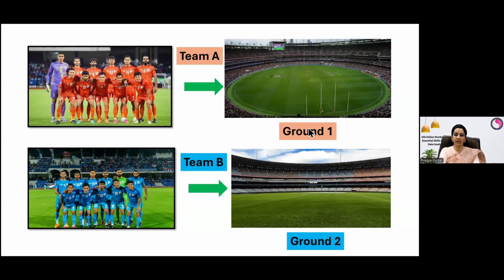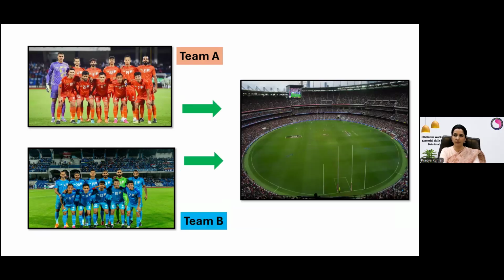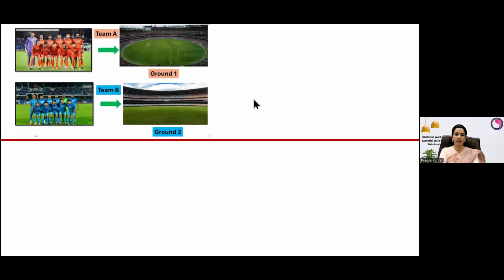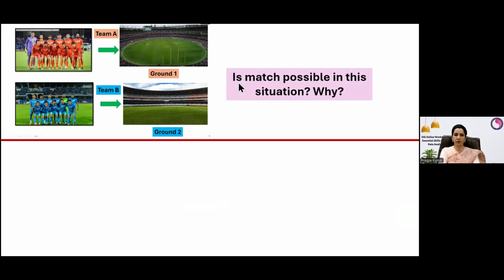So team A is in ground 1 and team B is in ground 2. Now, if both teams have to play, they should play in one ground. They are playing in separate grounds. Is a match possible in this situation?